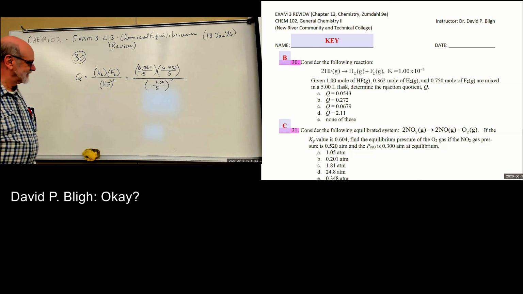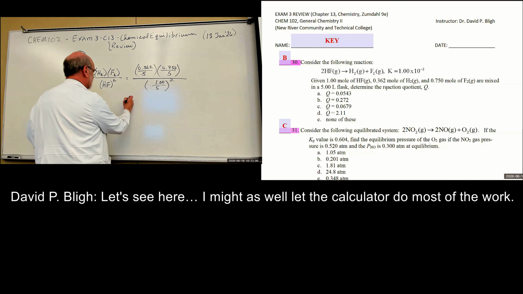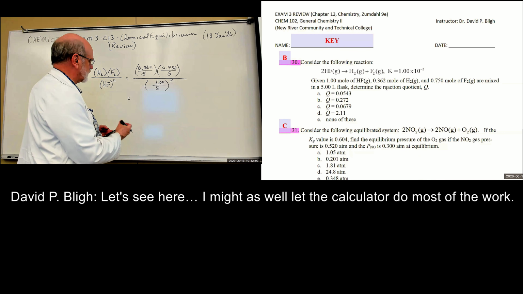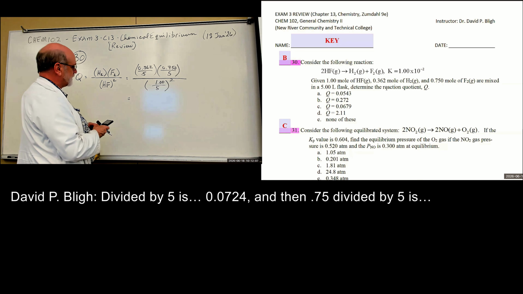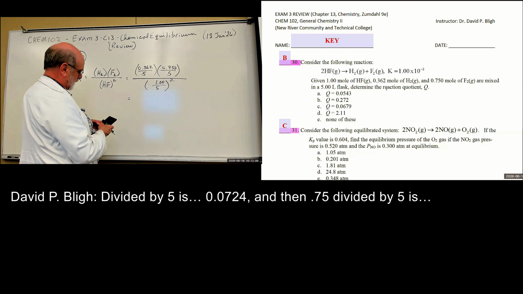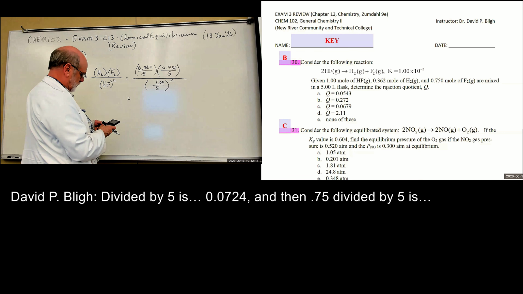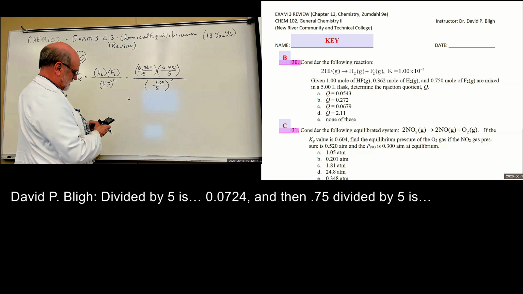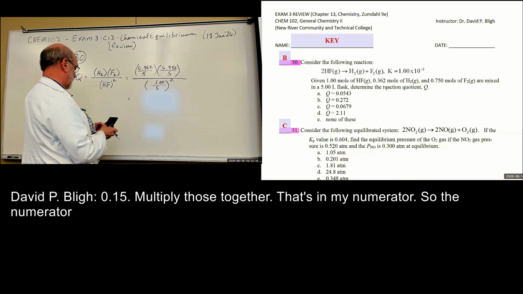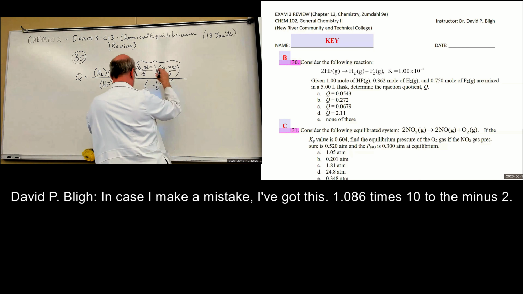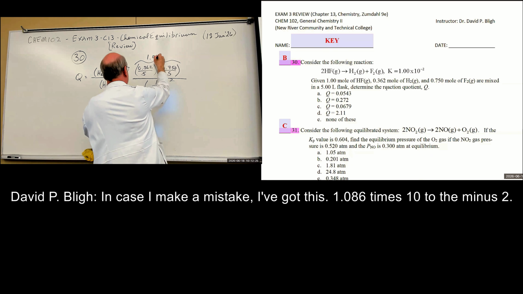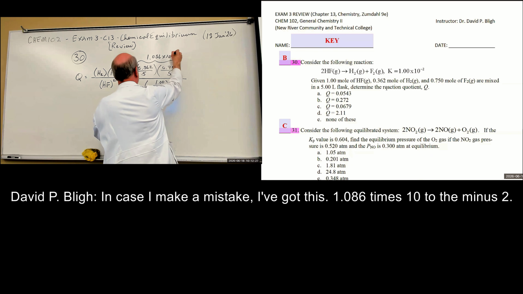I'll let the calculator do most of the work. 0.362 divided by 5 is 0.0724, and 0.75 divided by 5 is 0.15. Multiply those together for the numerator: 1.086 times 10 to the minus 2.